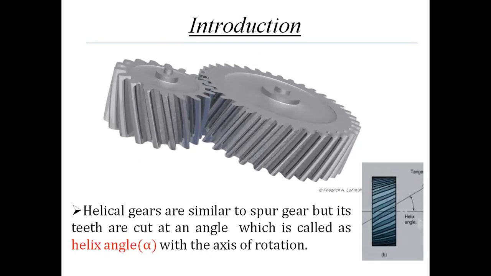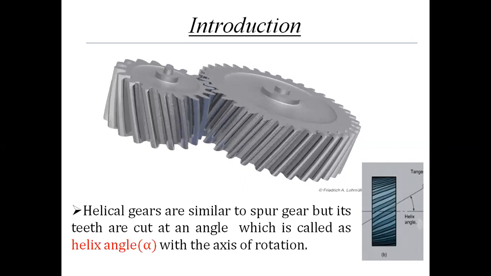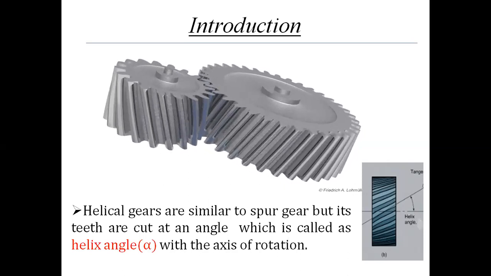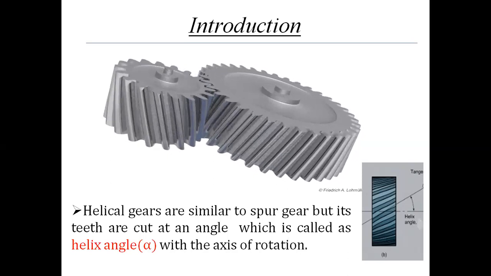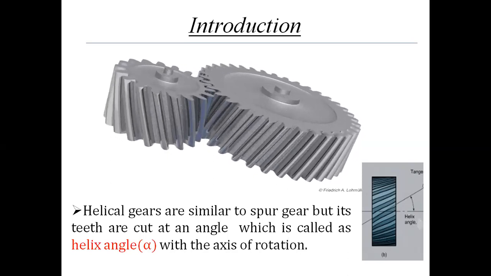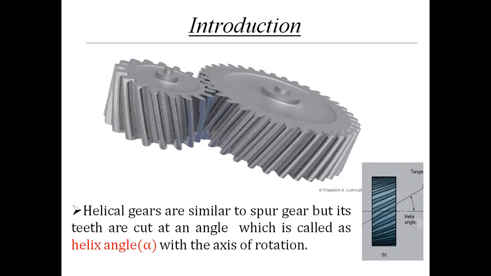We will see in the next slide. But what is the difference? Why is it necessary to design the helical gear when spur gear is already in the market? So what is the need? What is the difference? And what is the speciality of this helical gear?